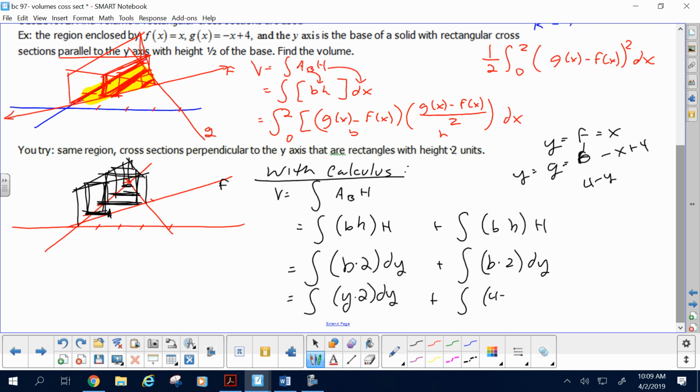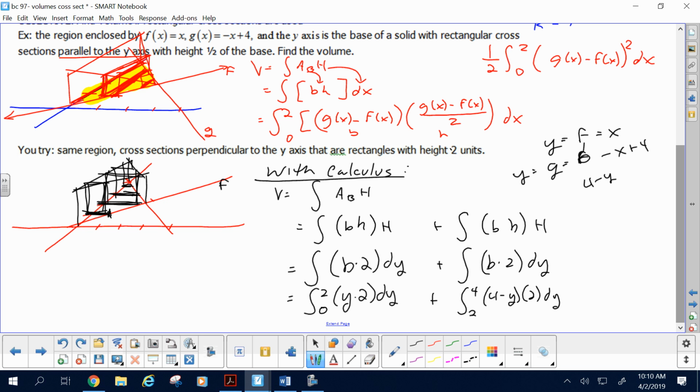So 4 minus y times 2 dy, and the limits of integration: the first region is from 0 to 2, and the next is from 2 to 4.